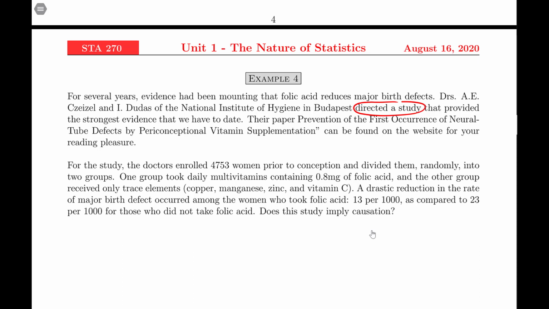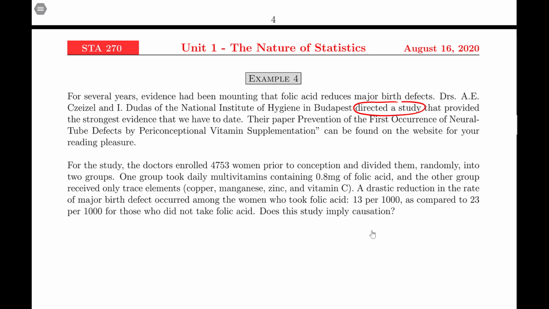One group took daily multivitamins containing 0.8 milligrams of folic acid, and the other group only received trace elements, which would have contained copper, manganese, zinc, and vitamin C. A drastic reduction in the rate of major birth defects occurred among the women who took the folic acid, 13 per 1,000, as compared to 23 per 1,000 for those who did not take folic acid.